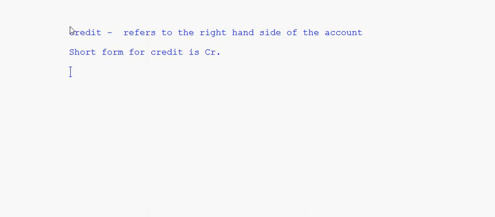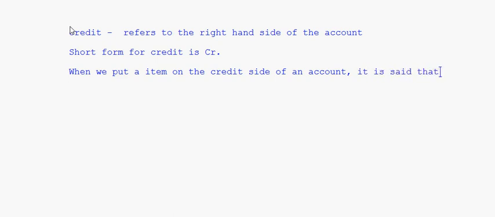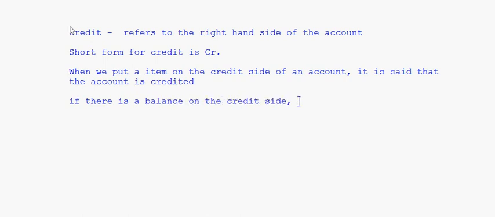And when we put an item on the credit side of an account, it is said that the account is credited, right? And if there is a balance on the credit side, then the account is said to have a credit balance.